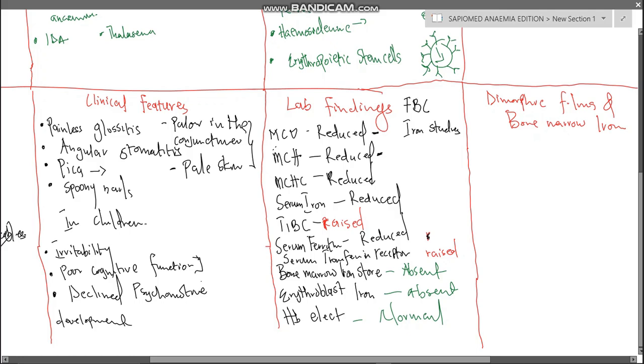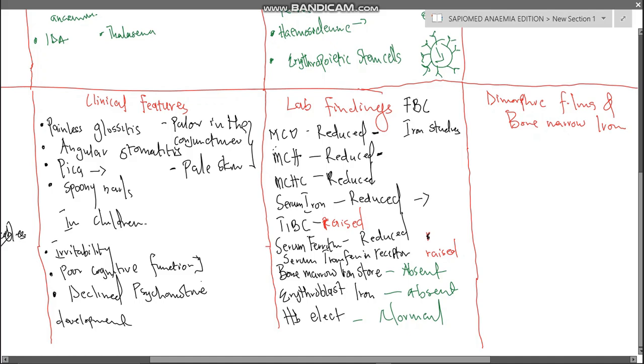So serum iron will definitely be reduced because there is a deficiency in iron deficiency anemia. Then total iron binding capacity must be raised.